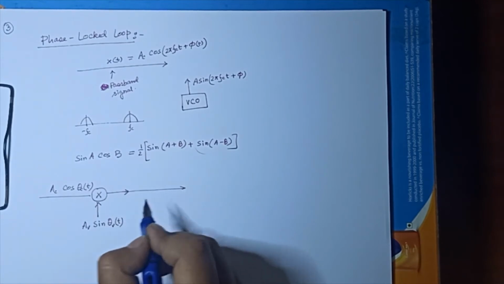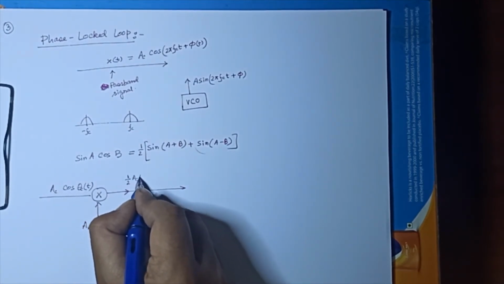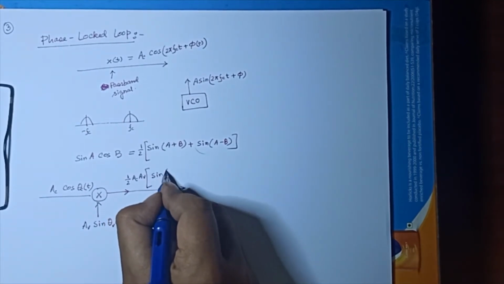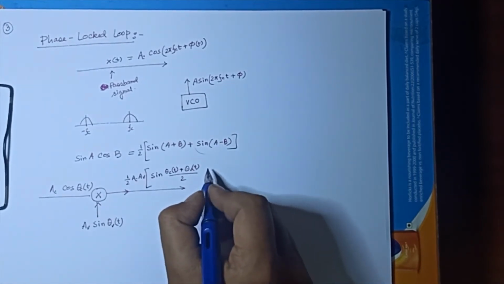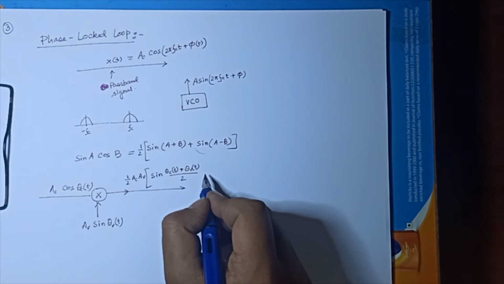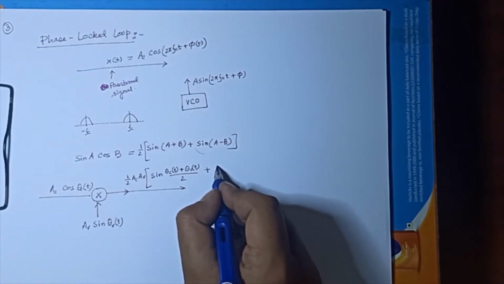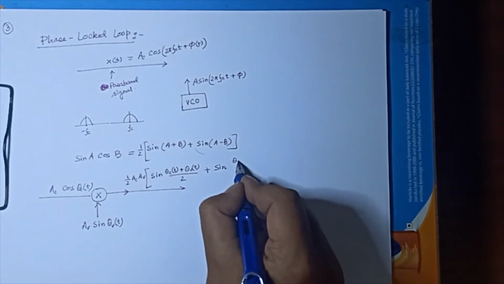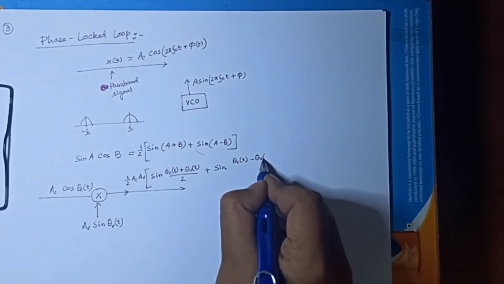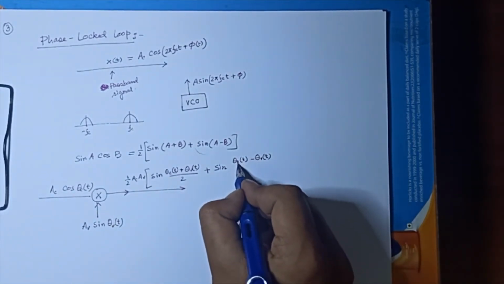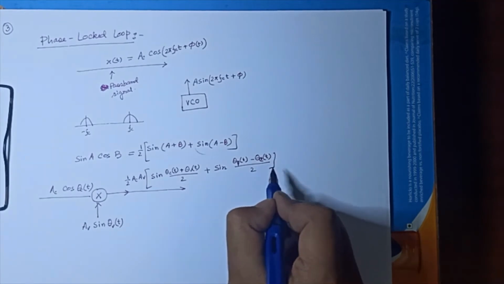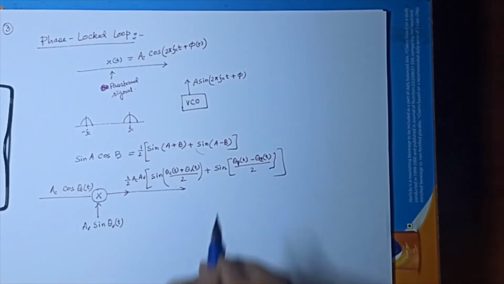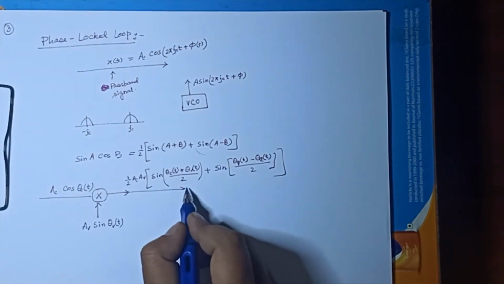So this signal is essentially half A_C A_V sin(θ_C + θ_V) by 2 plus sin(θ_V - θ_C), sorry, by 2. This is what the structure is like.